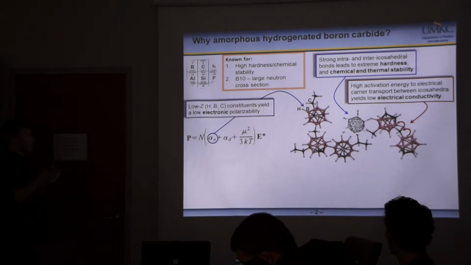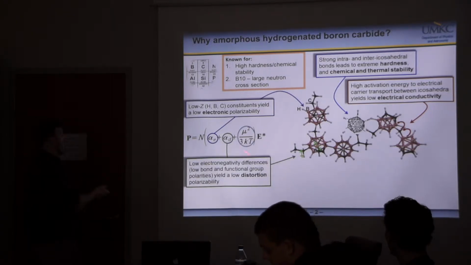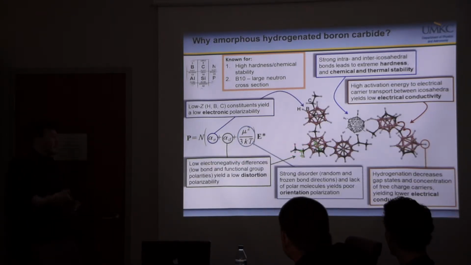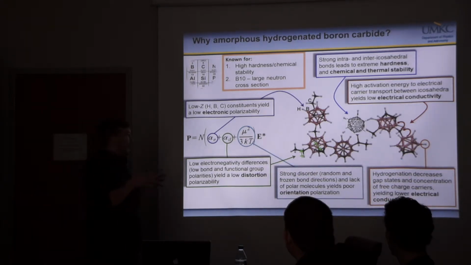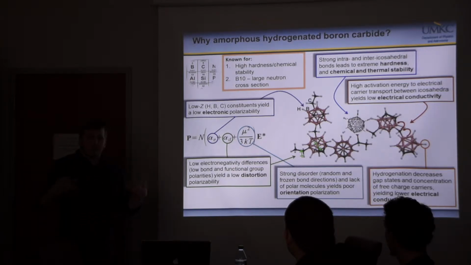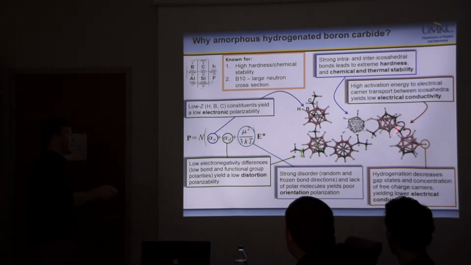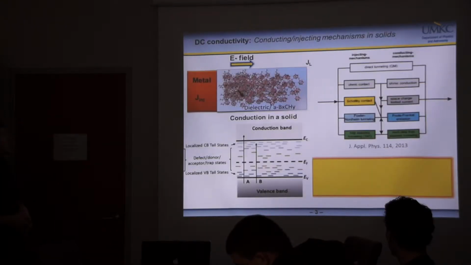It has low Z components, which give it the low dielectric constant K we're looking for, and low electronegativity differences. Because we can grow it through PECVD, we can hydrogenate it and hopefully decrease gap states and other things, changing the conductivity. That's one thing we want to look at. So boron carbide becomes very interesting for both applications in its structure and its properties.